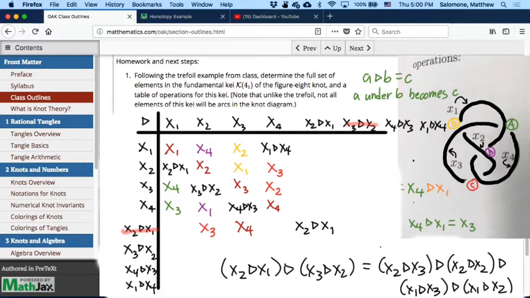So if I first distribute x3 triangle x2 across the triangle on the left, then I'm going to end up with x2 triangle x3 triangle x2 triangle, and I'm going to put parentheses around that first thing, right? x1 triangle x3 triangle x2.